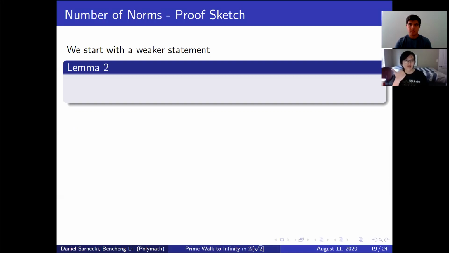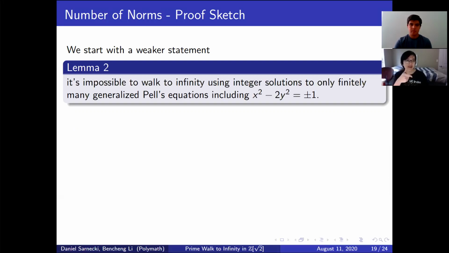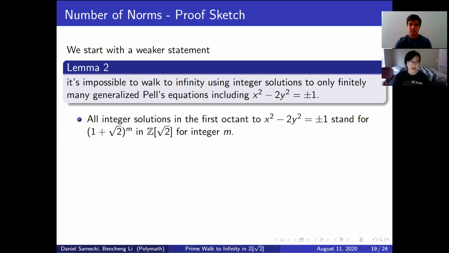And we start with a weaker statement. It says it's impossible to walk to infinity using integer solutions to only finitely many generalized Pell's equations, including this equation, x squared minus 2y squared equals plus or minus 1. And the way we show it is that all the integer solutions in the first octant to this equation stand for any power of 1 plus root 2.